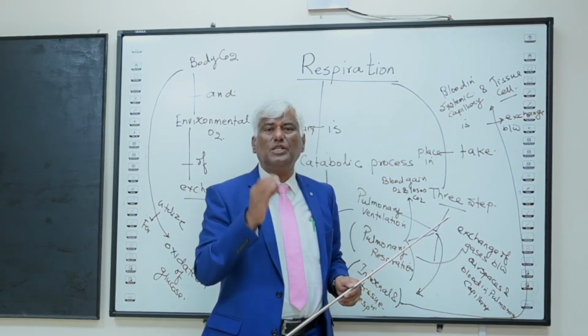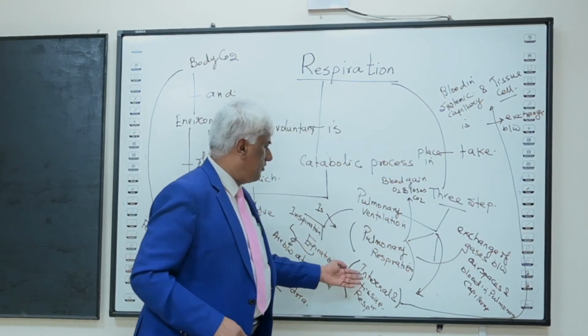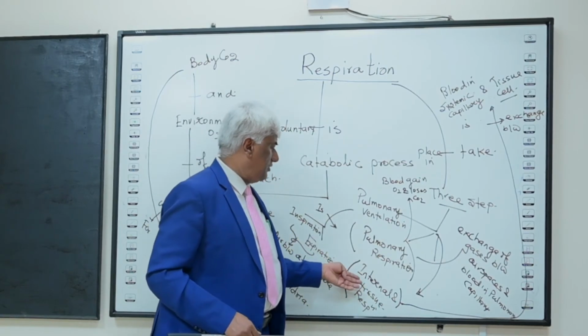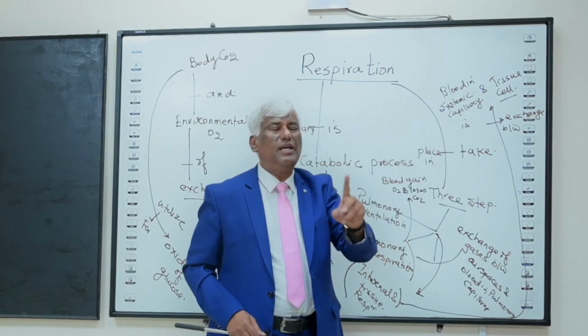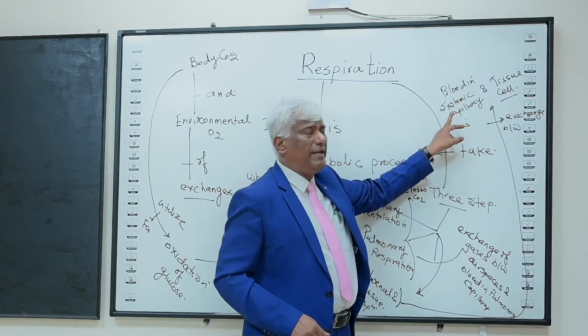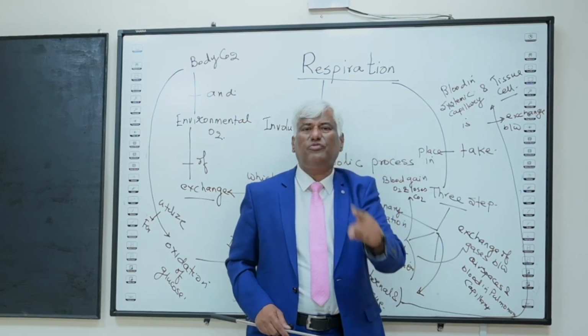So if the question is asked where internal tissue respiration takes place, your answer will be: blood in systemic capillaries and tissue cells. This is the first answer.